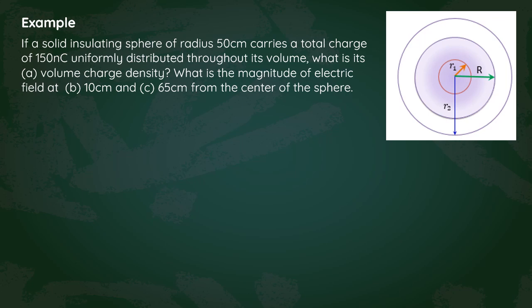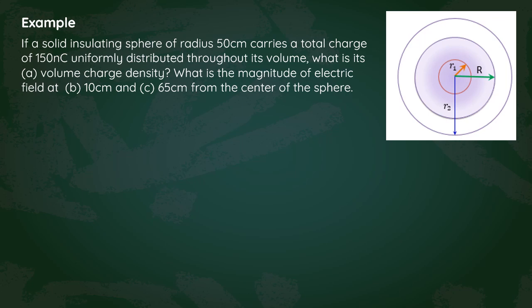So it's mentioned here that it's a solid insulating sphere, and remember that when the material is insulating, the charge will be distributed throughout the volume of the object, or throughout the volume of the sphere in this case.